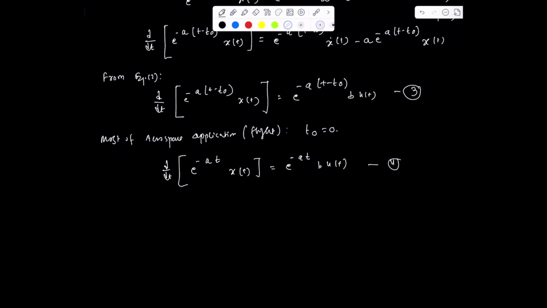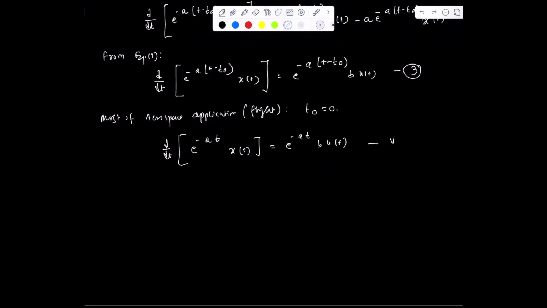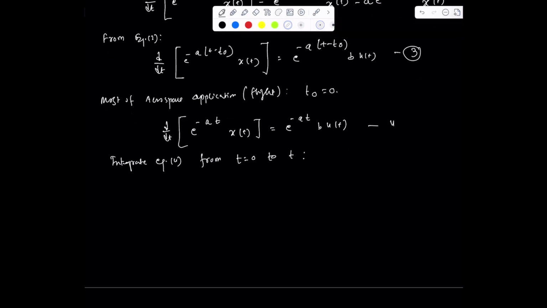Now, if we apply the convolution theorem to equation 4, integrating from t equal to 0 to t, we can write e to the power minus a t x of t minus x naught equal to the integral from 0 to t.